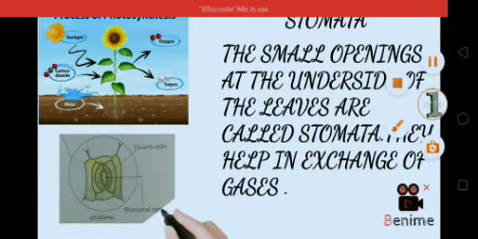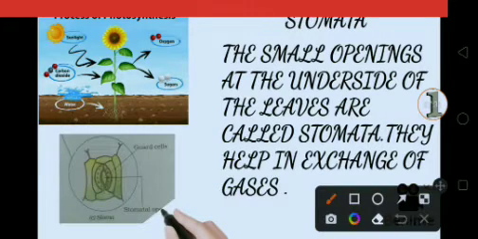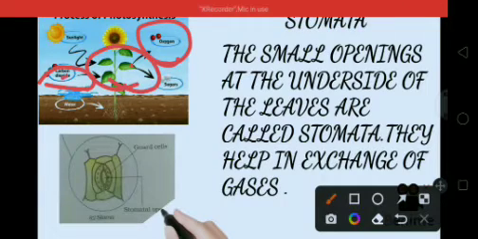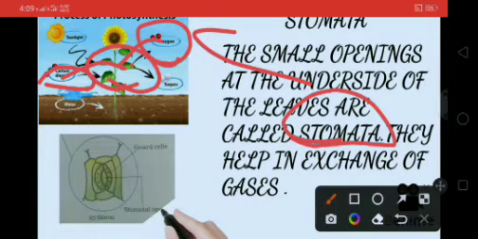This is a leaf, and the carbon dioxide has to go in first. The exchange of gases takes place inside the stomata. The small openings at the underside of the leaves are called stomata, and they help us in the exchange of gases.